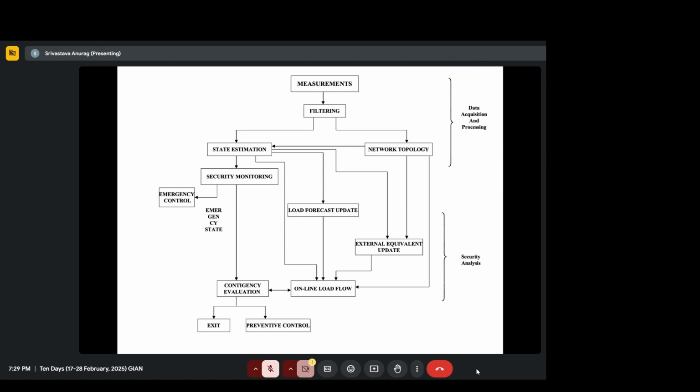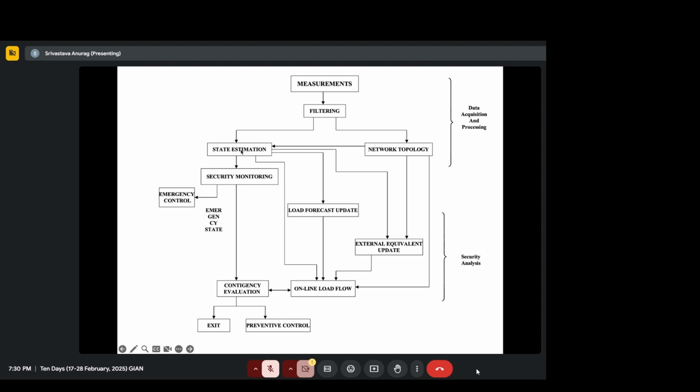So going back to the whole process, how we get the data and do this analysis. From SCADA, we get the measurements, right? Then we do some filtering and pre-processing of that data. Then we do the state estimation, which is basically fitting these measurements into the system model, because we know that every measurement is correlated with the system characteristics and system parameters.